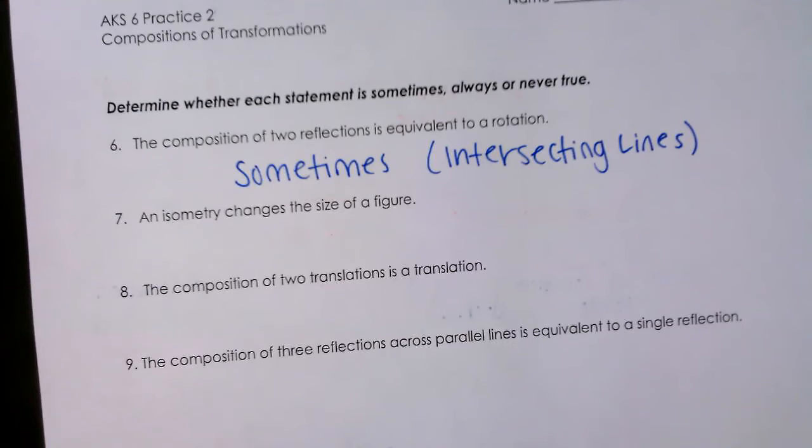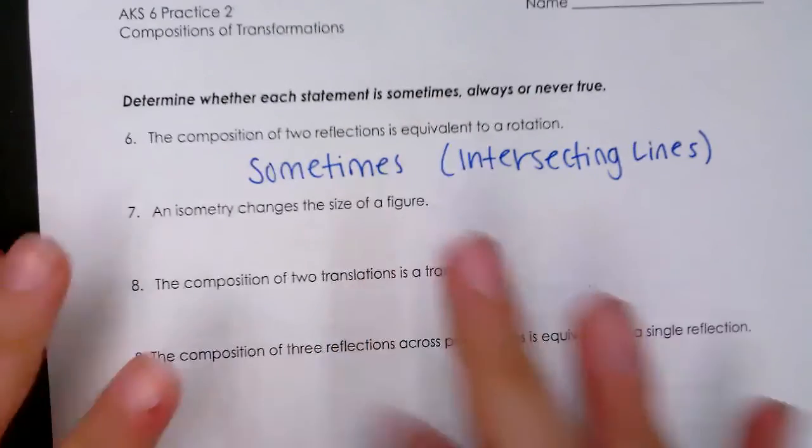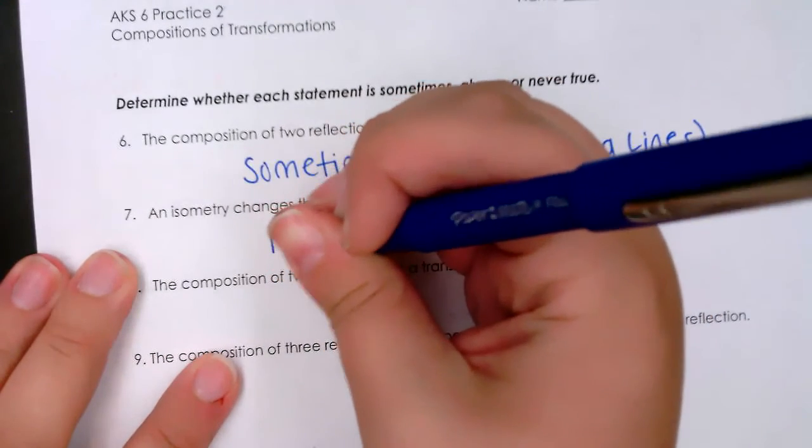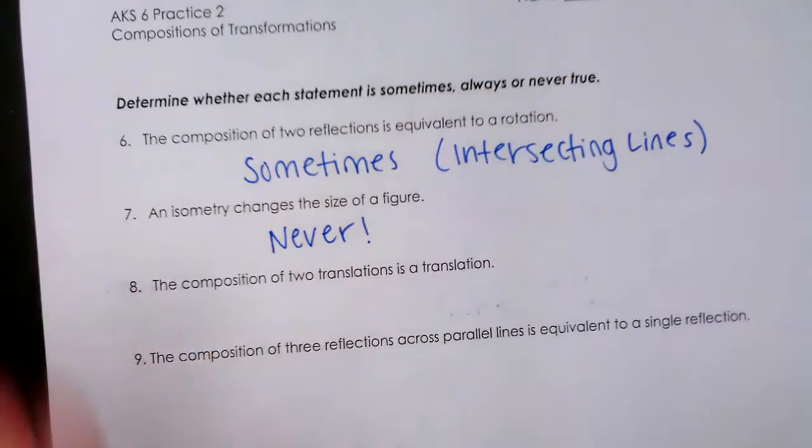All right, and isometry changes the size of a figure. This is never true. In all of the transformations we've done, we have not changed any sizes. We have only changed location. So that's never true. The next one, the composition of 2 translations is a translation.